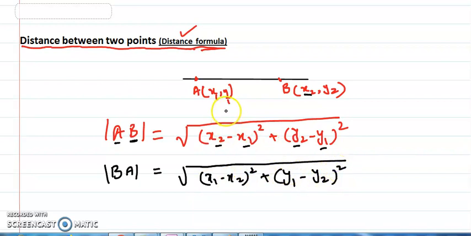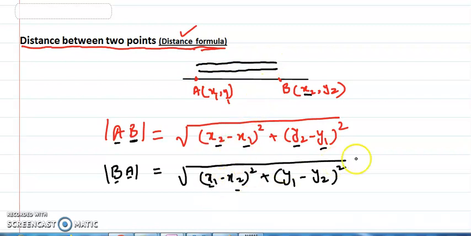Although the direction doesn't matter for the distance, this is just a convention in mathematics that the later point's first coordinate will be written first and the first point's coordinate will be written later. So it doesn't affect the final result even if you don't follow this rule, because the distance, whether we measure from A to B or from B to A, will be the same between the 2 points.